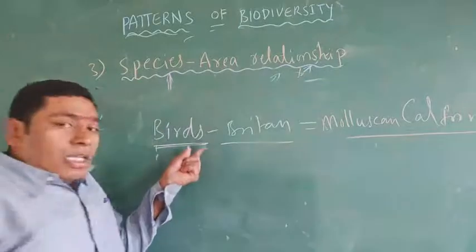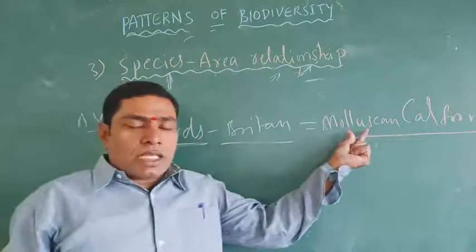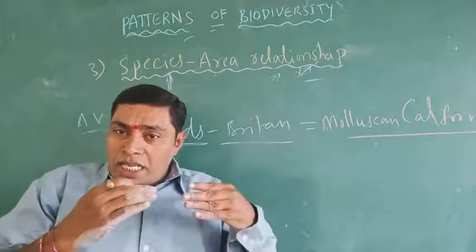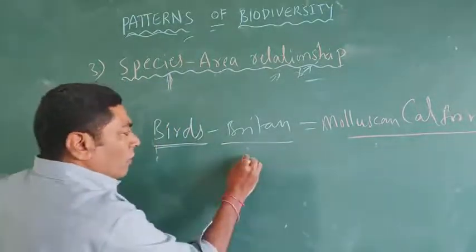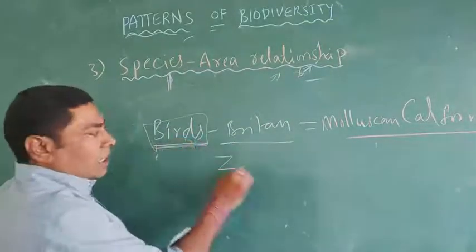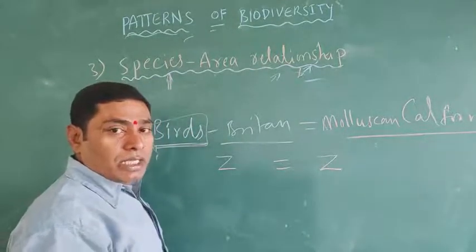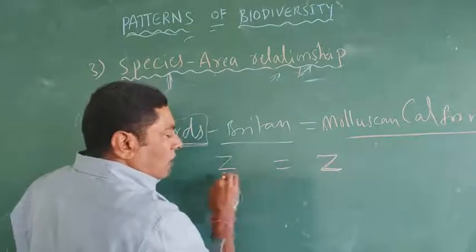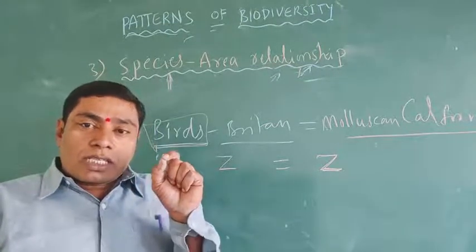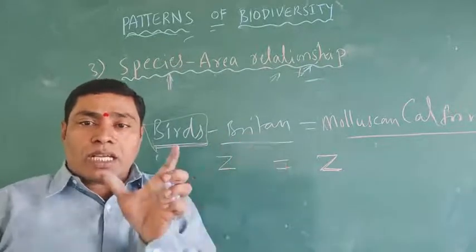In here, the species richness of birds in Britain and the species richness of molluscans in California is equal, it means the slope. The z value of the Britain birds' speciation and the slope of the California molluscans is amazingly similar. It means the species richness in the Britain birds and California molluscans amazingly is equal.